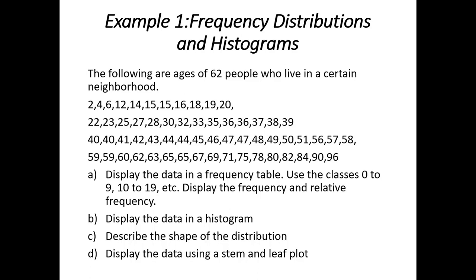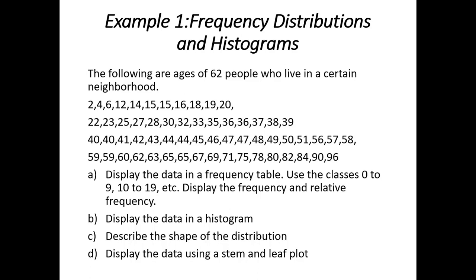And I add to this, use classes from 0 to 9 as the first class, 10 to 19 would be the second class, 20 to 29 the third class, etc. And let's say you're asked to display the frequencies as well as the relative frequencies.